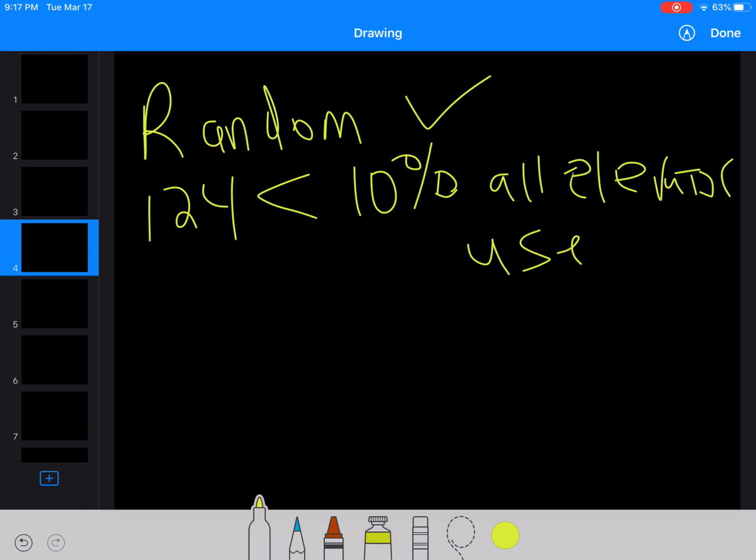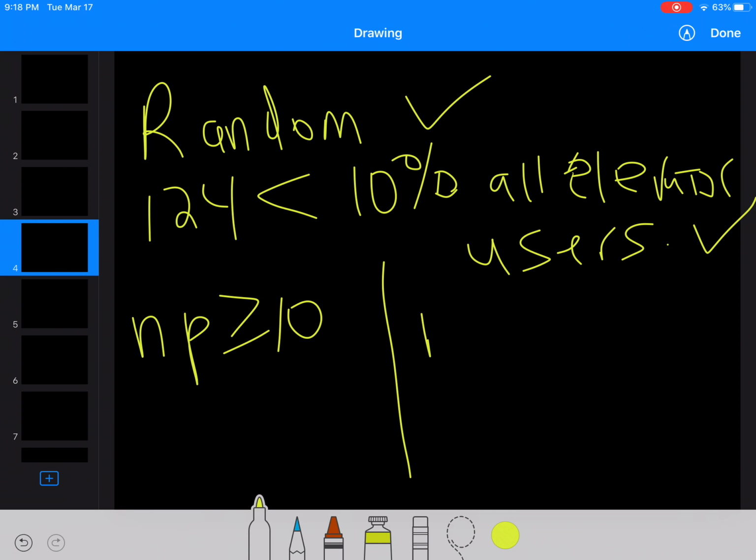Okay, so it's kind of tricky to write with this pen here, but it'll get better in the future. Okay. And the last criteria, so let's put a check mark by that. And the last criteria was np has to be bigger than or equal to 10, and n times 1 minus p has to be bigger than or equal to 10.